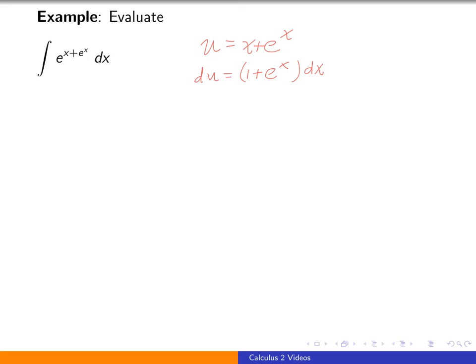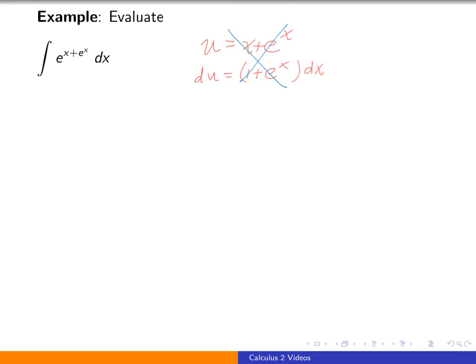And looking at my integrand, I see I could have e to the u, but I don't have this 1 plus e to the x anywhere to help form my du. So this doesn't quite look like it's going to pan out. And that's perfectly reasonable. Remember, you try u substitution, you hope it's going to work, but there's never any guarantee.